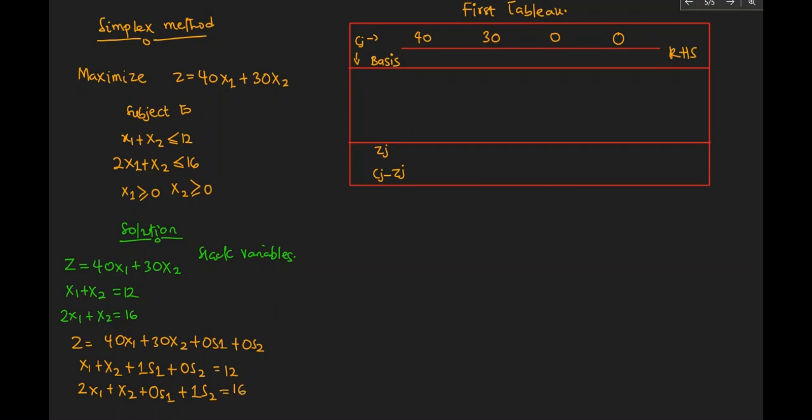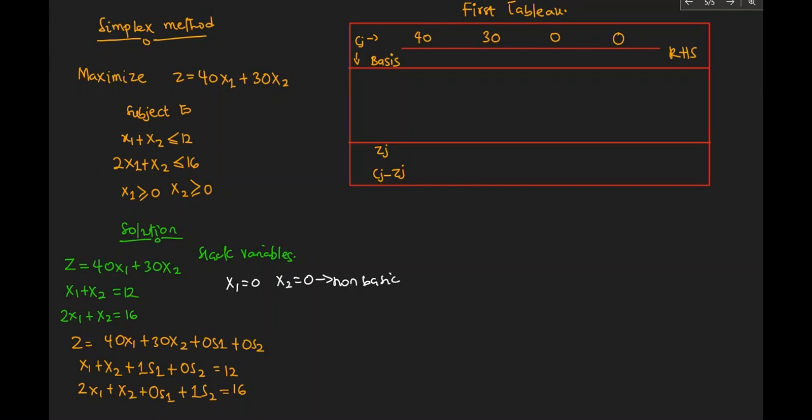Now we are going to equate any two of these variables to 0. I'll start by making x1 and x2 equal to 0. When you do this, you call x1 and x2 non-basic variables.